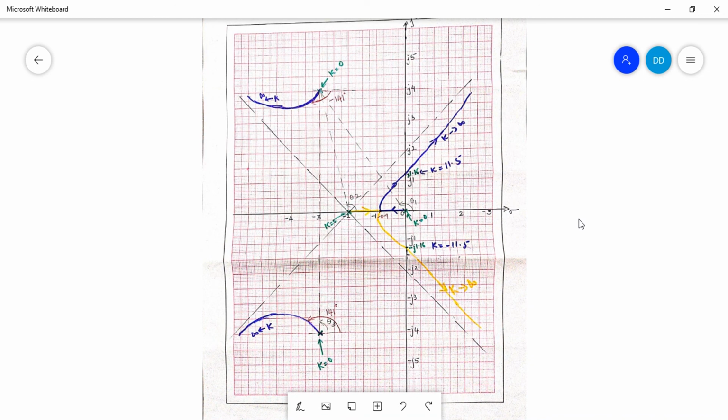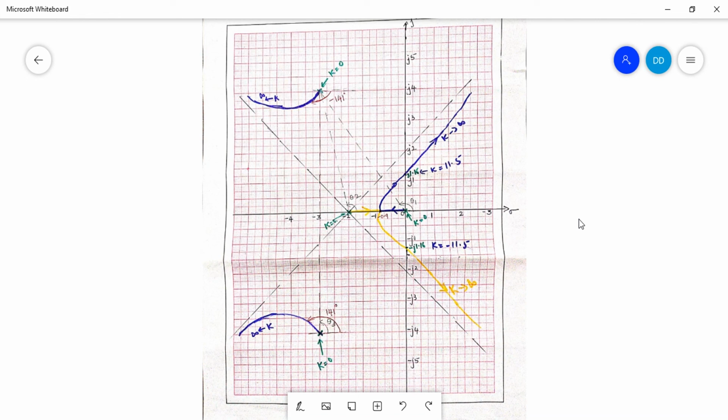Similarly, start another branch at s equal to -2, travel towards -0.9 where it breaks, and then at an angle of 315 degrees, intersect the imaginary axis at -j 1.16 and then travel towards infinity along 315 degrees. So these are the two branches.